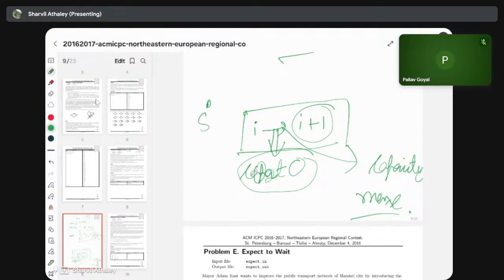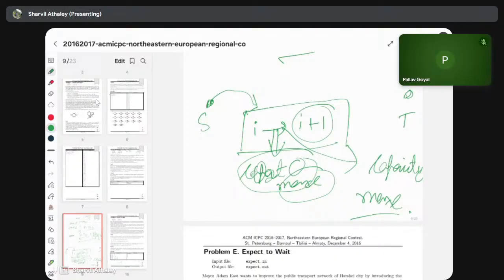In the initial, we mark S and T as the source and sink nodes. So from the source, if we flow at most maxi, that can only be flown from i to i plus 1, because we mark it as maxi times which has been eaten in an interval, and the cost is 0 in that.